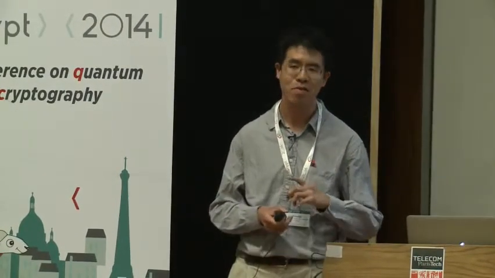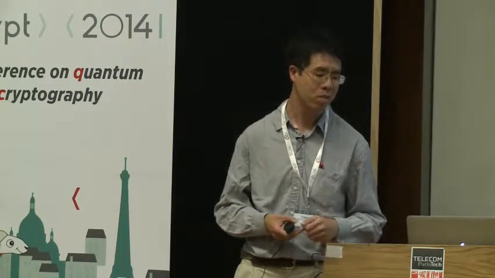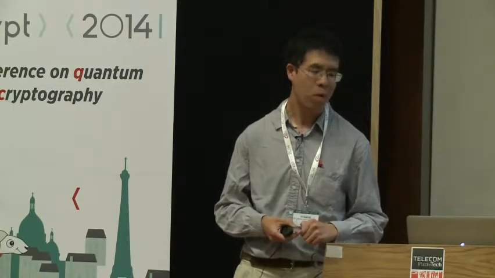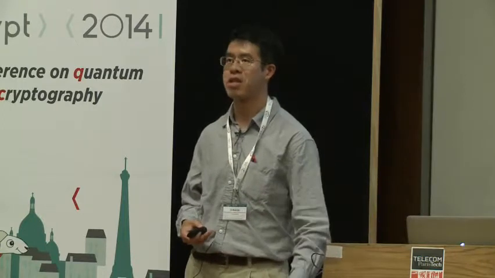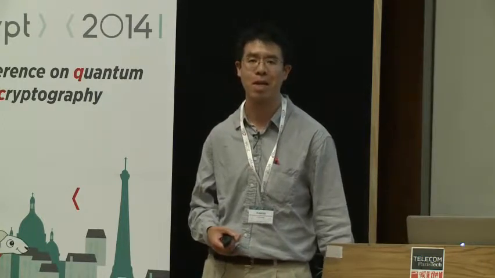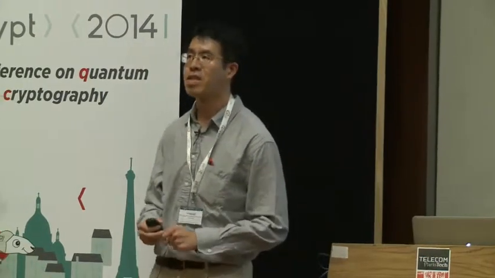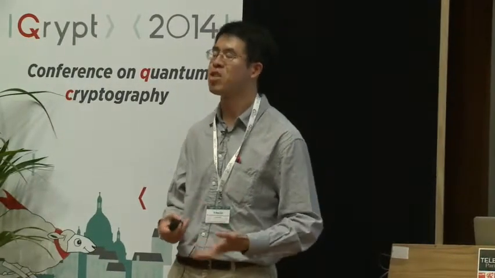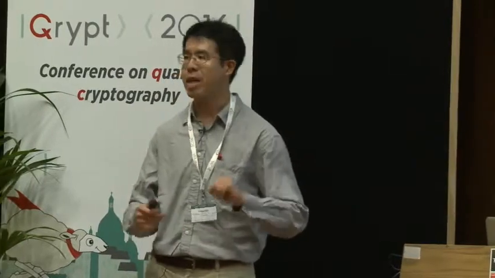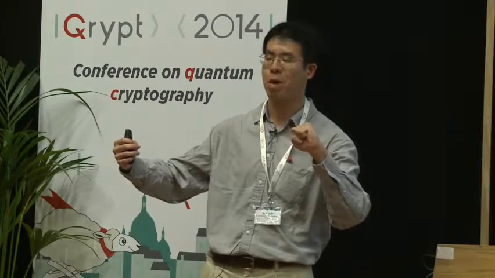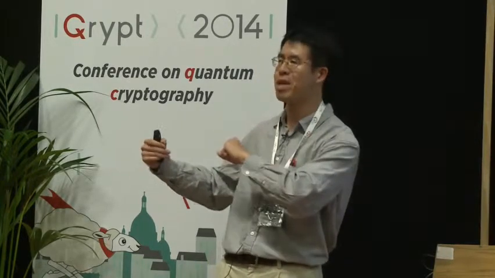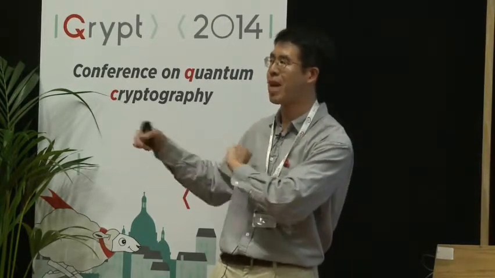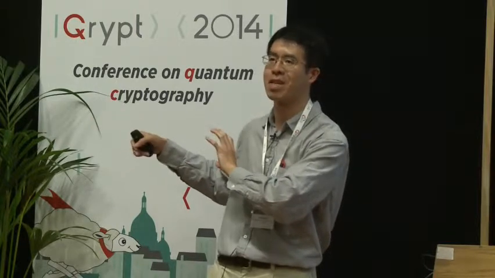So the natural question is whether you can build one-time memories that achieve some composable notion of security. Roughly speaking, intuitively what this means is that there has to be some way of taking the adversary's information that he gets from attacking the real one-time memory and being able to simulate it using a simulator which has access only to an ideal functionality, an ideal version of the one-time memory.